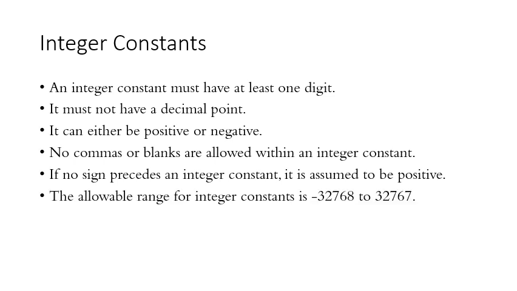And the allowable range for an integer constant is negative 32,768 to 32,767, unless you add modifiers that alter the size of the integer. We have discussed that last time.